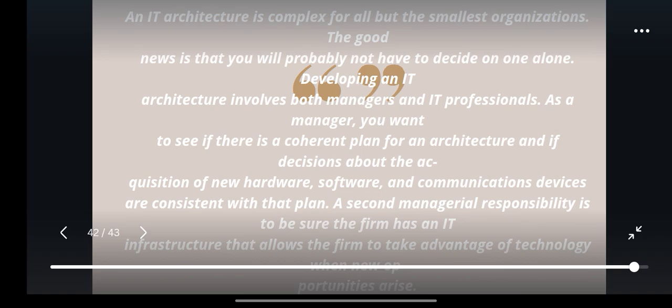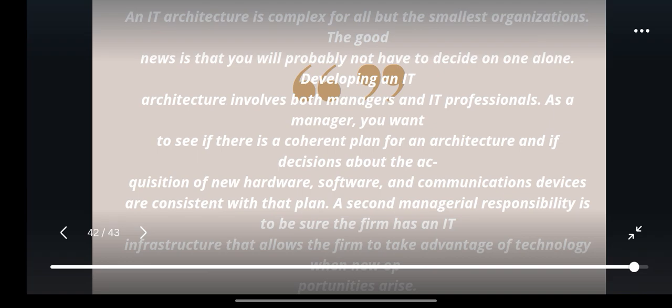So, an IT architecture is complex for all but the smallest organization. The good news is that you will probably not have to decide on one alone. Developing an IT, or information technology, architecture involves both managers and information technology professionals.